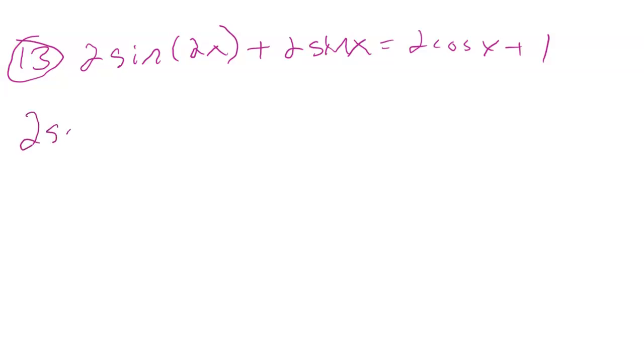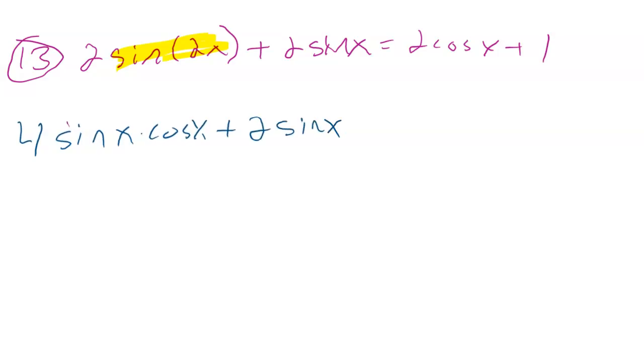So I got 2 sine of x times, oops, I lied. The double angle for sine is 2 sine of x times cosine of x, but there's already a 2 out there. So this is going to be 4 sine of x times cosine of x plus 2 sine of x minus 2 cosine of x minus 1, I believe, if I did that right.